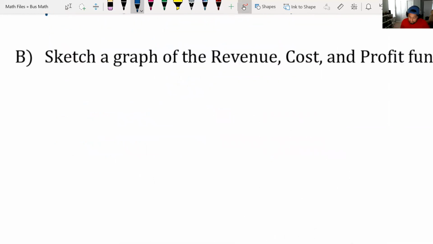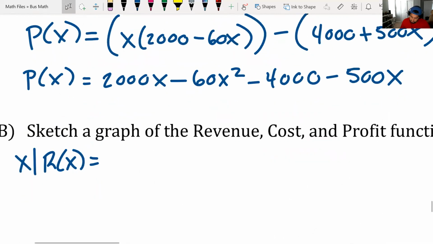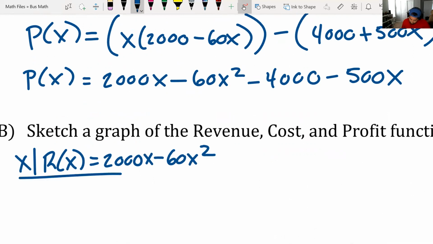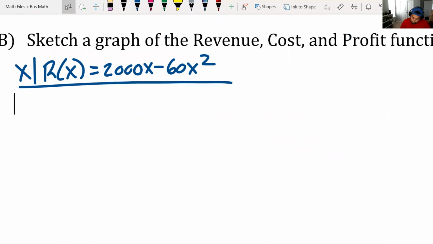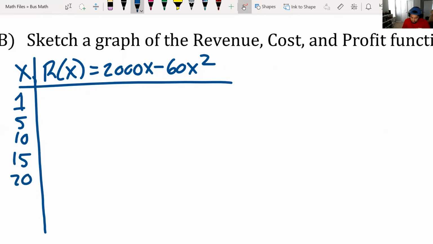So first up will be revenue. So say X and R of X equals, what's revenue? Revenue is, if I distribute the X like I did up there, and again, it's giving us the values, 1 through 25. So 1, 5, 10, 15, 20, 25. Okay.